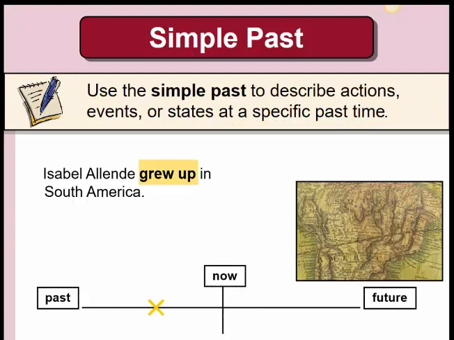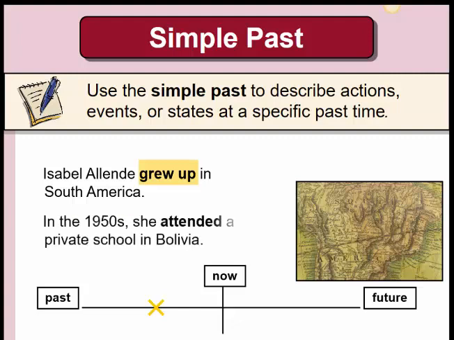We know when the action happened, or we want to refer to the action because we know more or less when it happened. We can use a past expression of time: in the 1950s, yesterday, in January, last year. She attended a private school. But the key concept here is we know that it happened at a specific time.